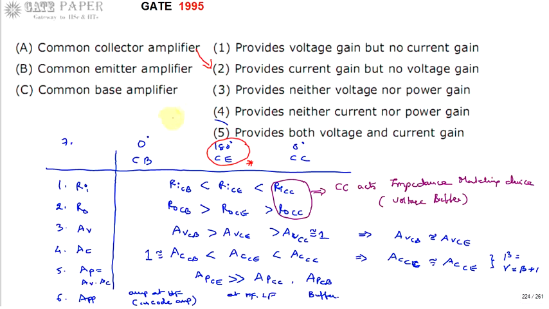Next, common emitter provides both voltage gain as well as current gain, so this will be 5 and it will be 2. Next, common base amplifier will provide voltage gain but no current gain, so this is 1. So the answer is: for common collector it is 2, for common emitter it is 5, and for common base it is 1. So this is the right answer for this question. Thank you.